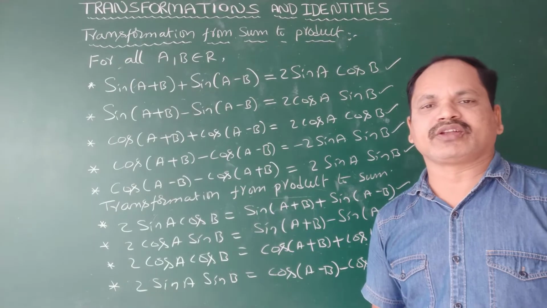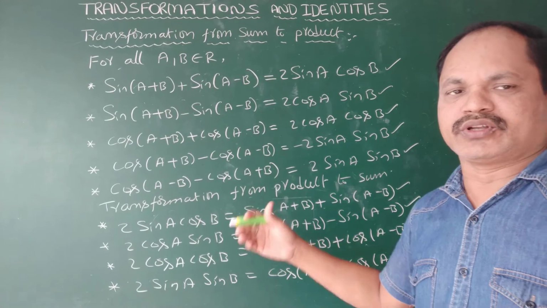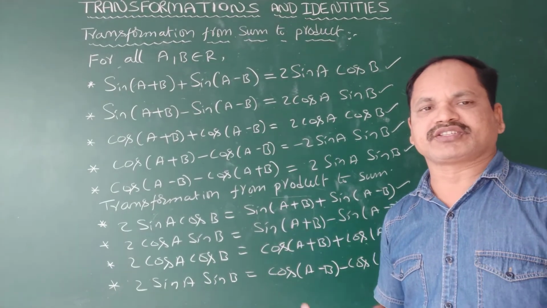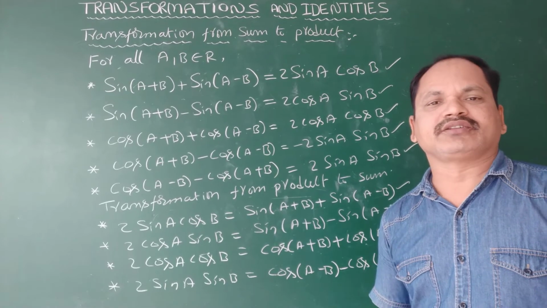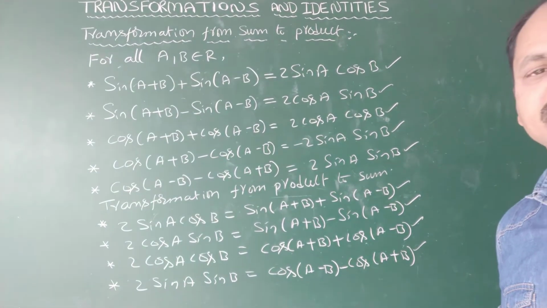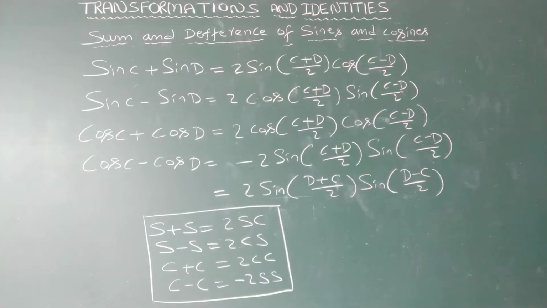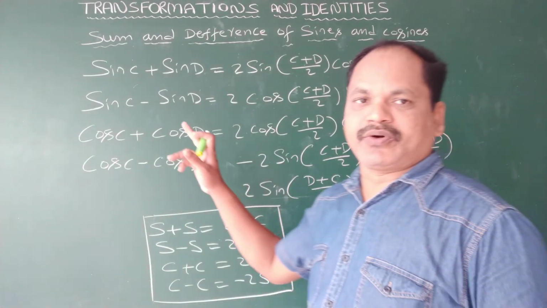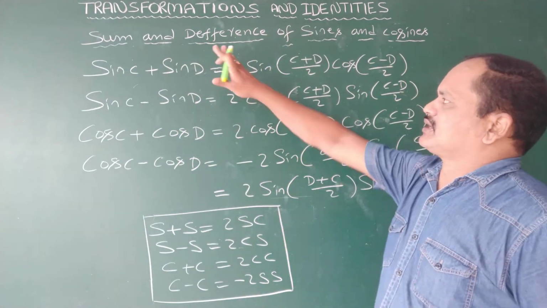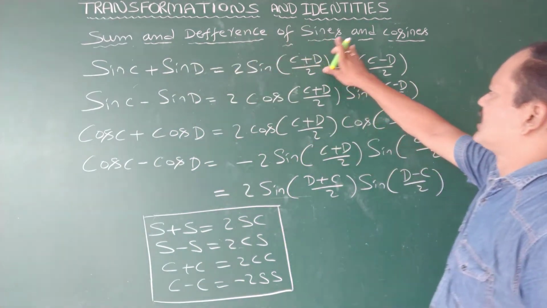Now we are going to some modification of these concepts regarding transformations of the sine function and cosine function. Now these are the major formulae for transformations: sum and difference of sines and cosines.